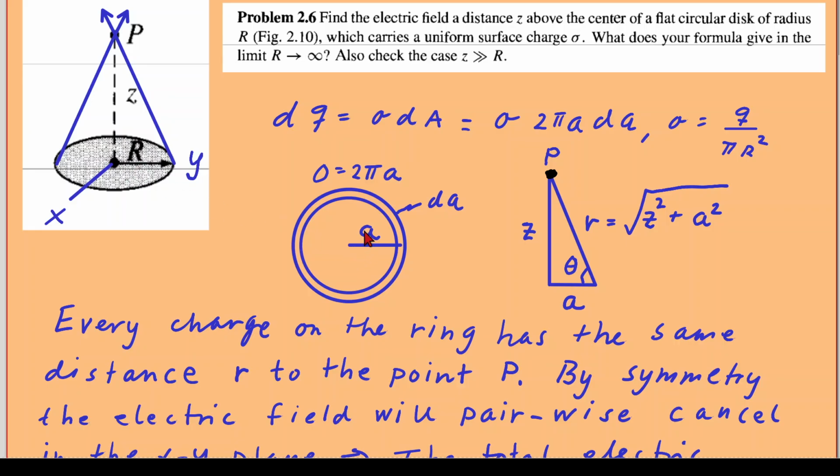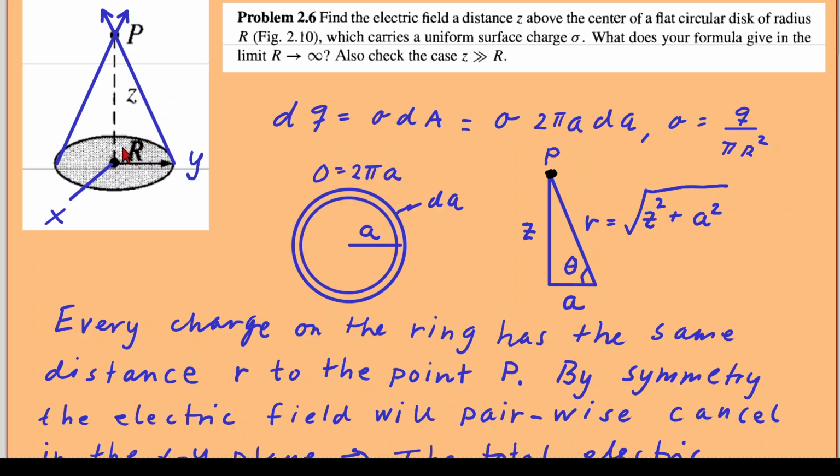It can be any value, 0 or half or whatever. It also has a width, da. And the distance around is the standard 2 pi times the radius. So that's the infinitesimal element.